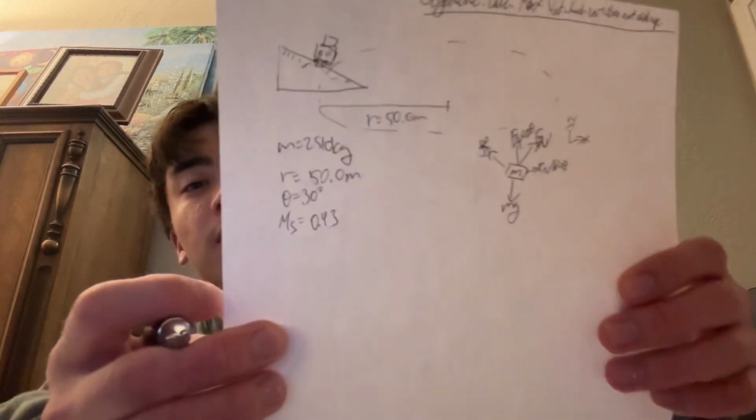Now we have our normal force and we have our gravity, but now we need to add friction. Same thing, because it's on a slope, friction is pushing this way upwards. So we have our friction, but it's going at a diagonal. So we have our little F, right?